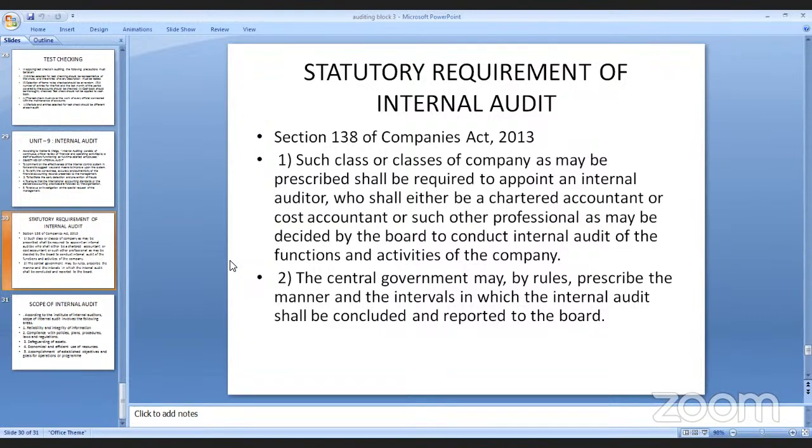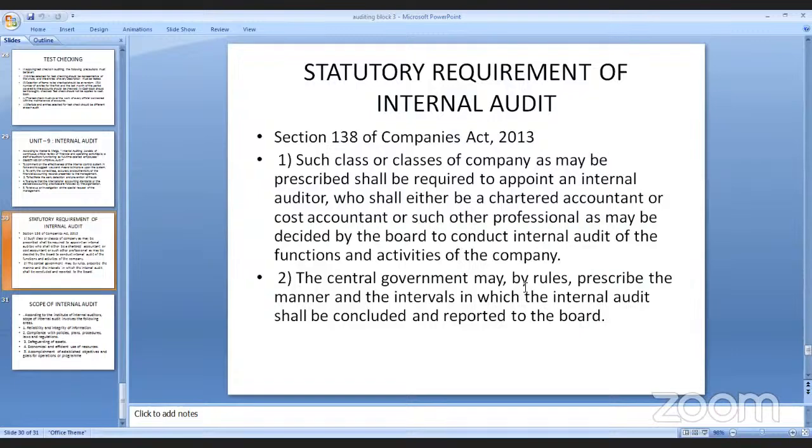Any professional who completed ICAI, or else who completed CA. Based on the board of directors' decision, they can appoint the internal auditor. The function of the internal auditor is to verify the functions and activities of the company. The verification of all these processes is done by the internal auditor.